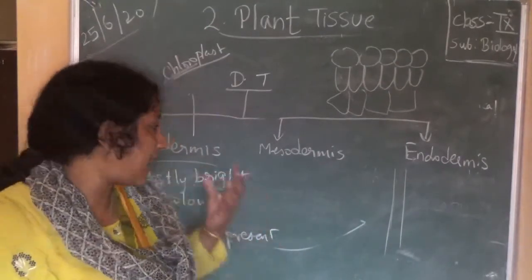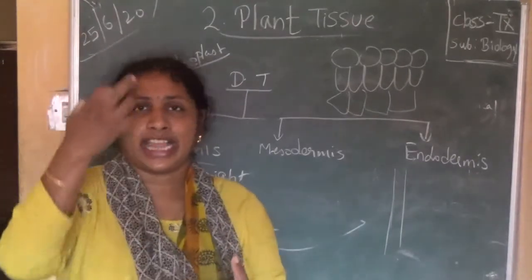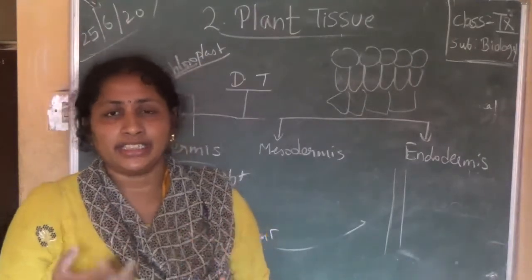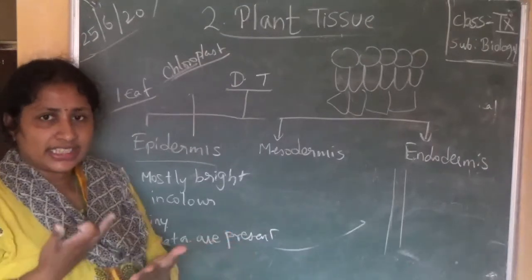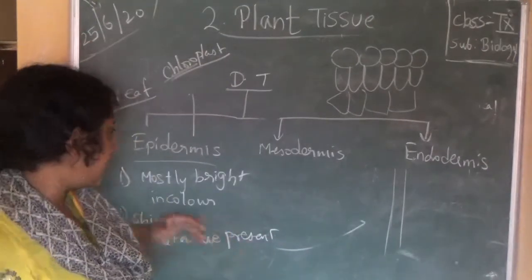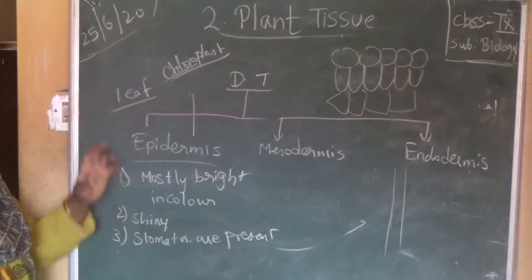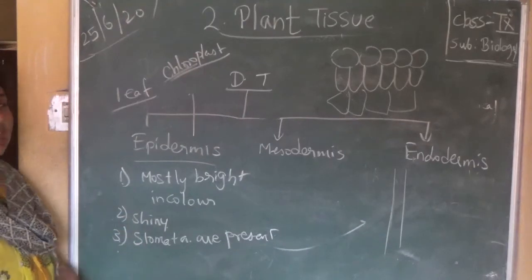That's why they are bright in color. Because if they are on the top only they can absorb light easily. That's why there is more chloroplast in the epidermis layer, and that's why they are bright in color and shiny.